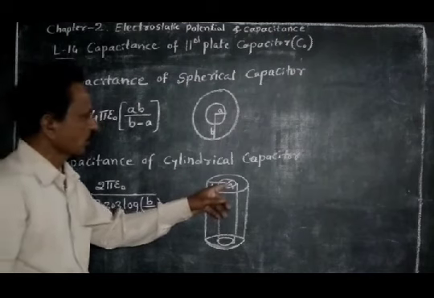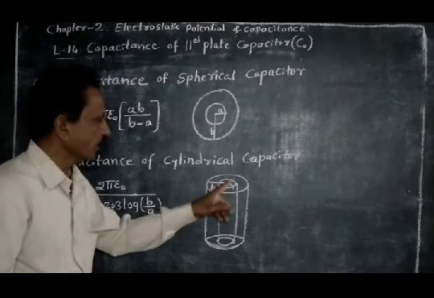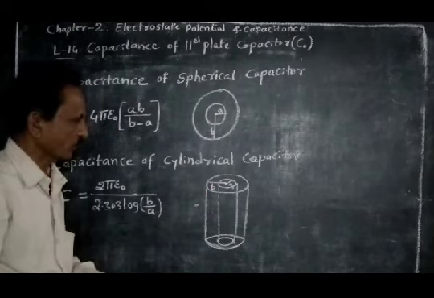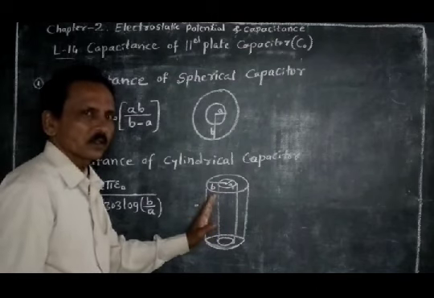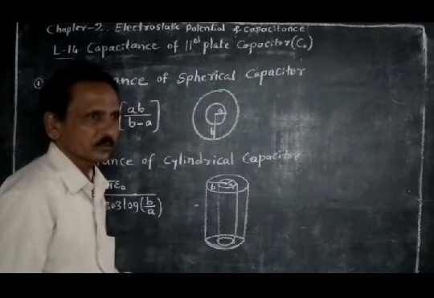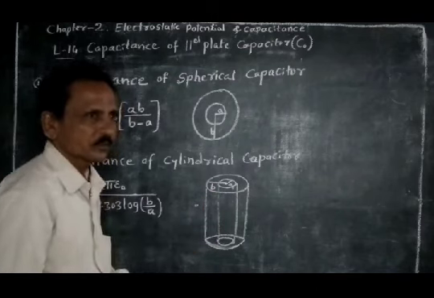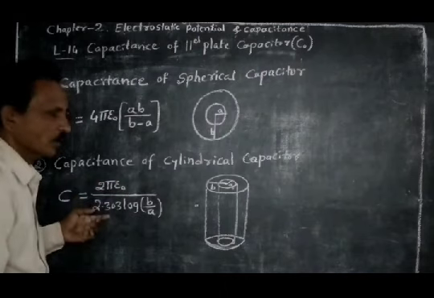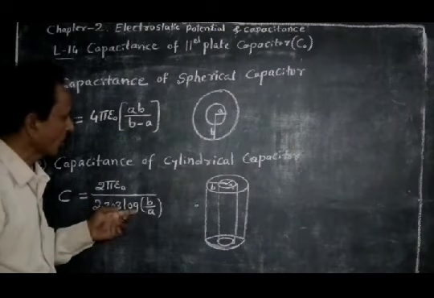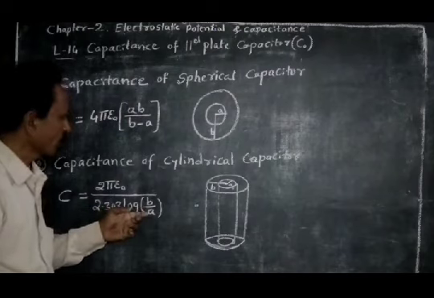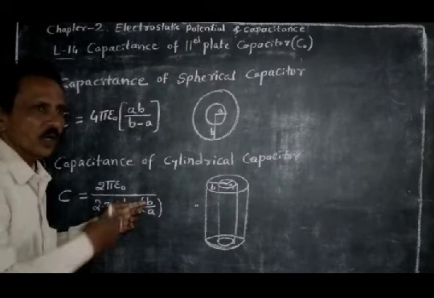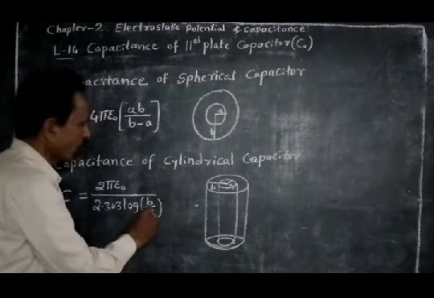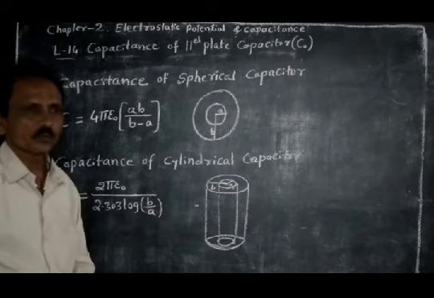If A is the outer radius of inner cylinder and B is inner radius of outer cylinder, and if the space between the 2 cylinders is air or vacuum, then capacitance of cylindrical capacitor is C equals 2 pi epsilon naught upon 2.303 into log of B by A, where B is inner radius of outer cylinder and A is outer radius of inner cylinder.